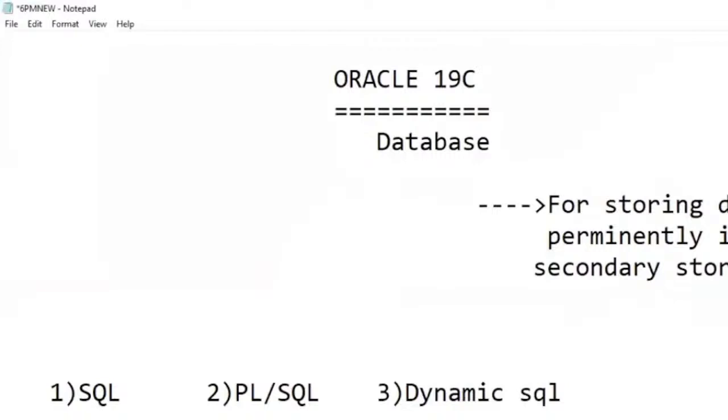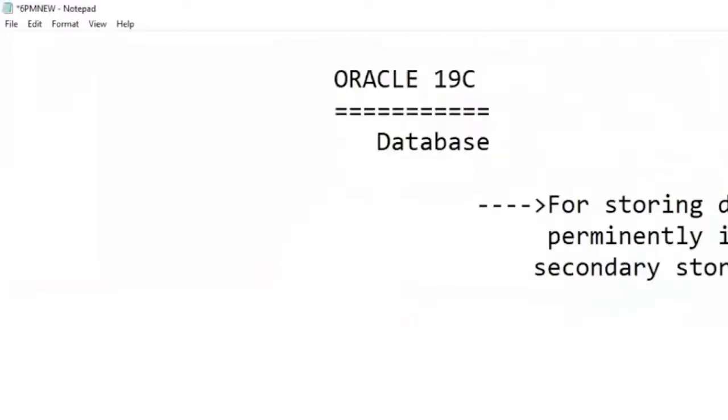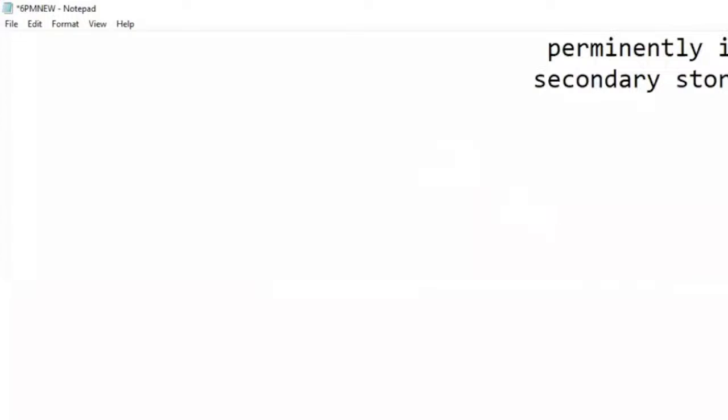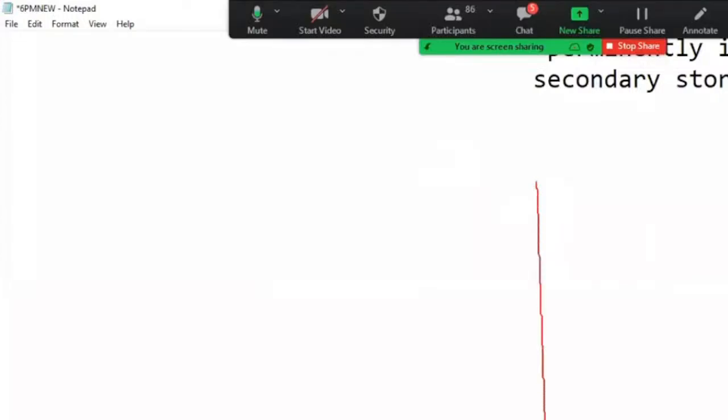But unfortunately, as I said in previous classes, observe slowly here, a database is a place. Whenever we install Oracle, SQL Server, or DB2, these types of databases in our system, automatically one place is created.